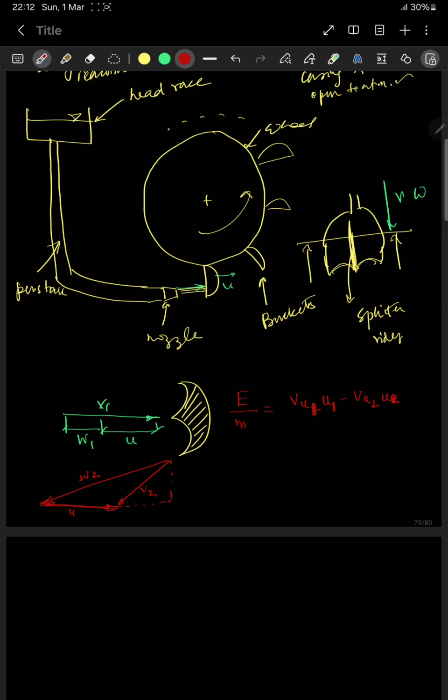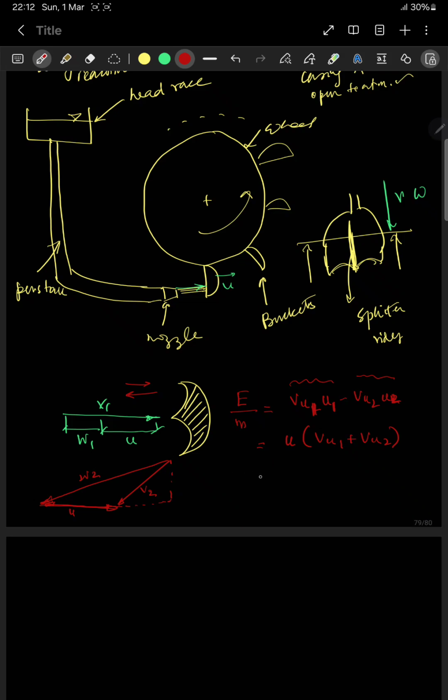This is for a turbine where the fluid enters with a higher energy and leaves with a lower energy, right? So u1 and u2 are same, so u into v_u1 minus v_u2. Since v_u1 is in this direction, v_u2 is in this direction, we can write this as plus.